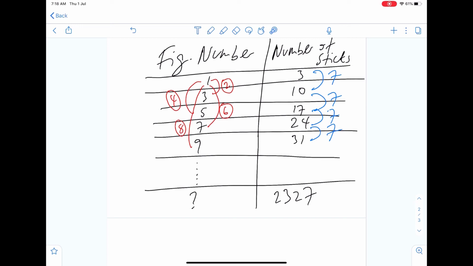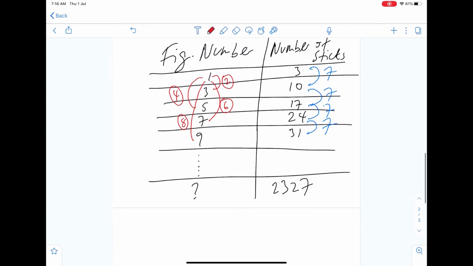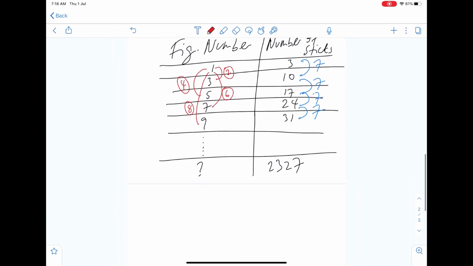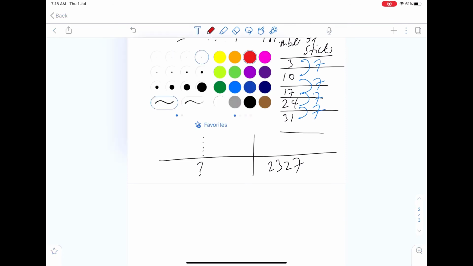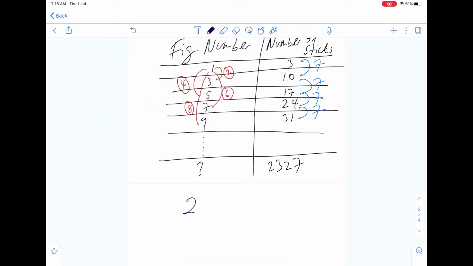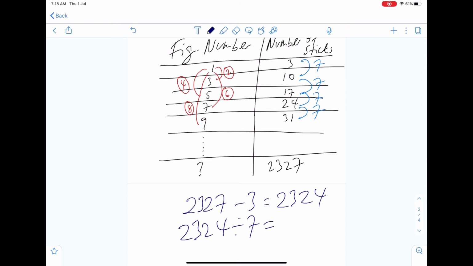So between 2,327 and 3, how many 7s are there? 2,327 minus 3 first is 2,324. 2,324 divided by 7. How many groups of 7s are there? 332.